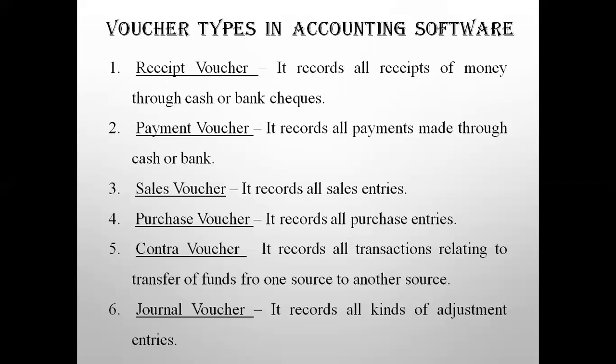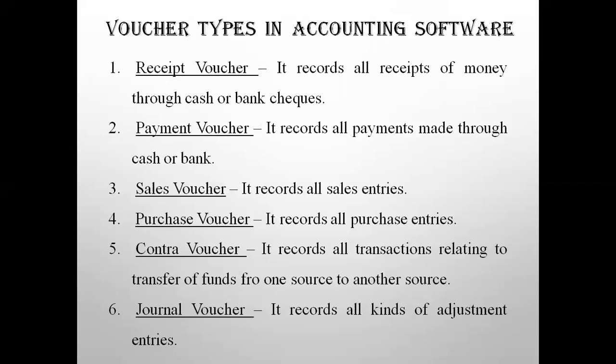All these types of transactions with cash and bank only, or cash to petty cash, will be included in the contra voucher. No other account is allowed here. So this voucher will have only transfer of funds from one source to another.